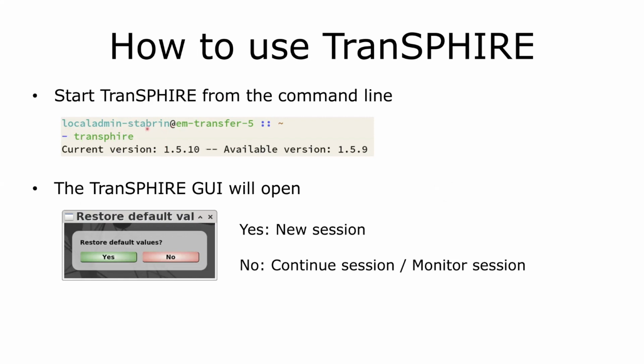When you run TranSPHIRE in your command line after successful installation, it will tell you what the current version is. Here we have a version that is higher than the currently available version because it's on my development machine, but it will also tell you when there are new updates available.